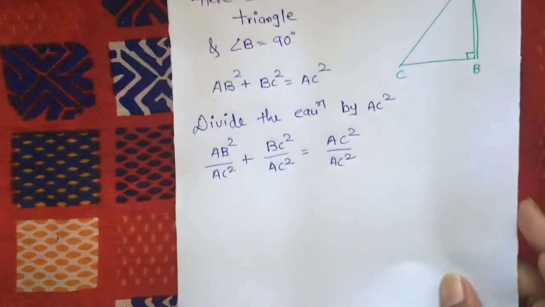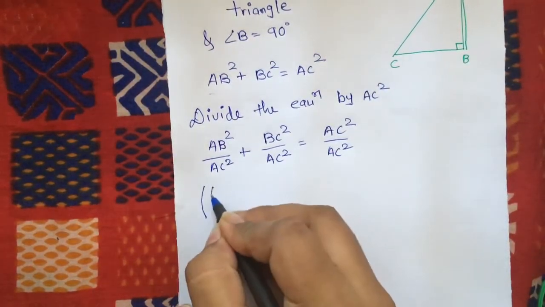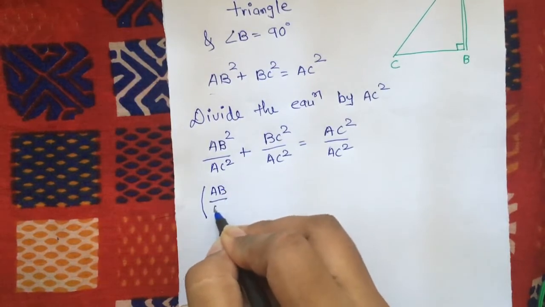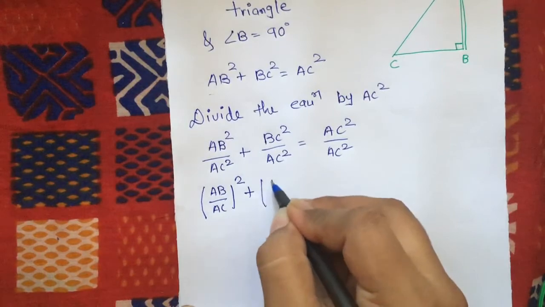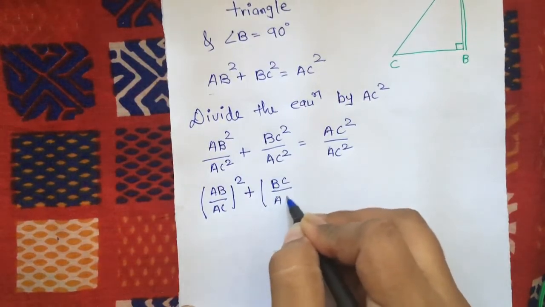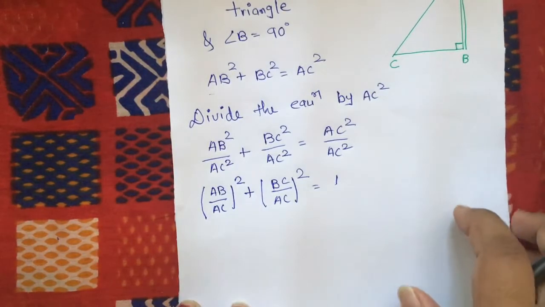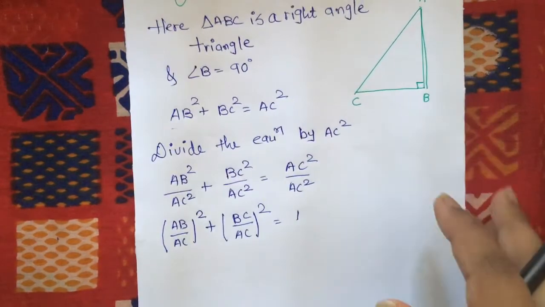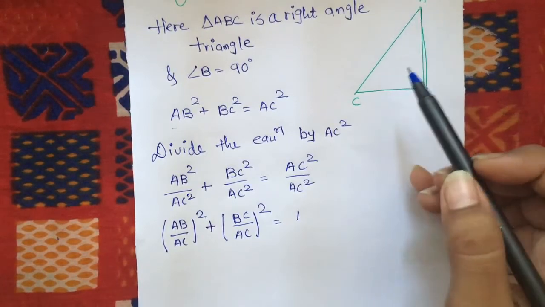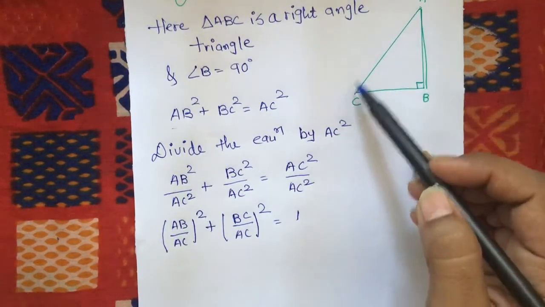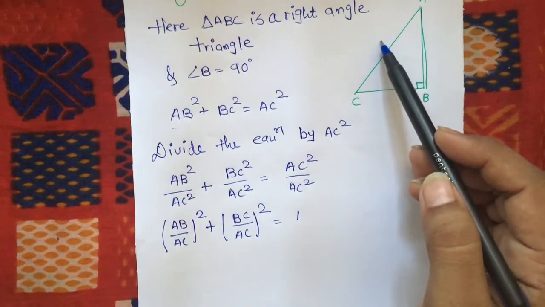So this could be 1, and this here becomes AB upon AC whole square plus BC upon AC whole square is equal to 1. As you all know, if we take angle A as an acute angle, then AB upon AC is adjacent upon hypotenuse.